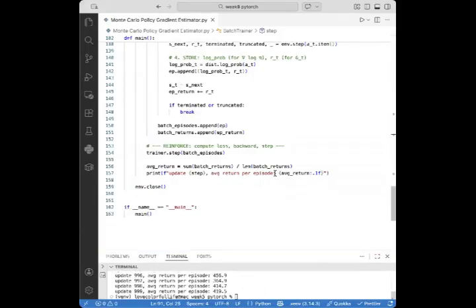So the loop is: collect an episode, compute G at time t, compute loss, backward, step, repeat. That's REINFORCE. To recap, we connect the policy network to pi, the collection loop to sampling from pi, and the trainer to the gradient formula. Everything in the code maps directly to the math.